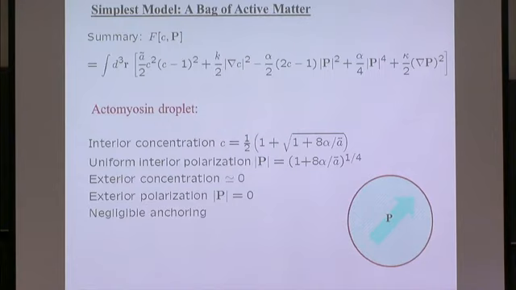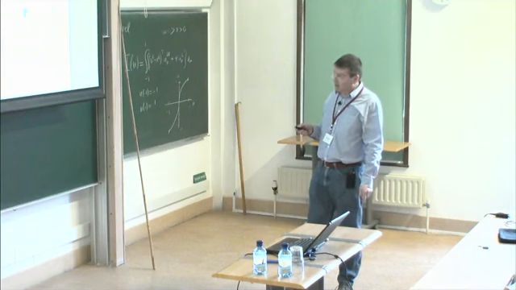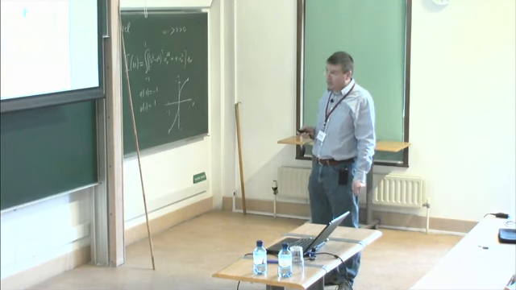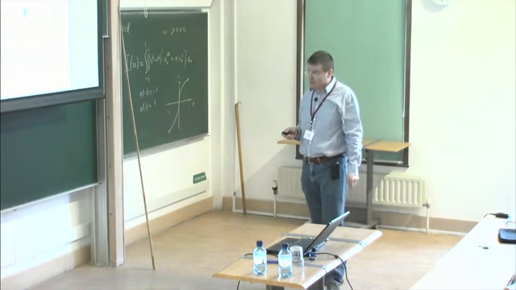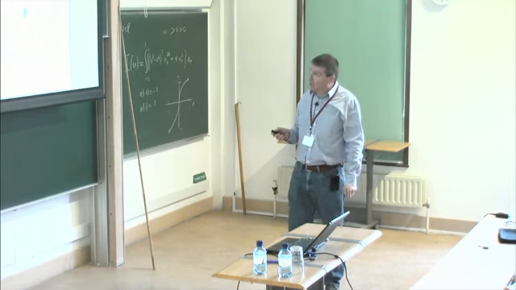So what happens when you just look for a local minimum of this corresponding to a droplet state? You have a certain concentration slightly shifted by the coupling term. You have a uniform interior polarization, again slightly shifted by the coupling term. Exterior concentration about 0, no polarization outside.